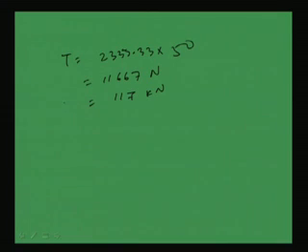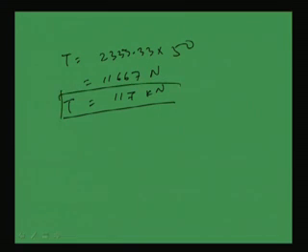So the proof load is becoming 117 kilonewton. Now we have to find the load which can be carried by a particular bolt. From the codal provisions we have to see which diameter and what type of material of bolt takes more than this load.